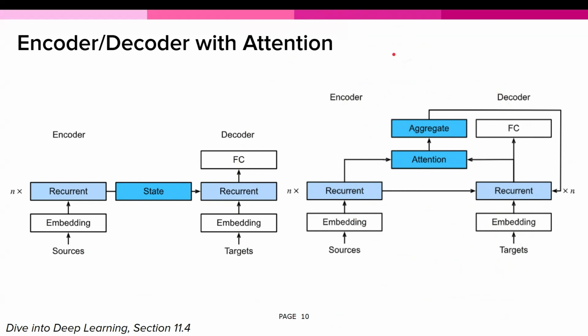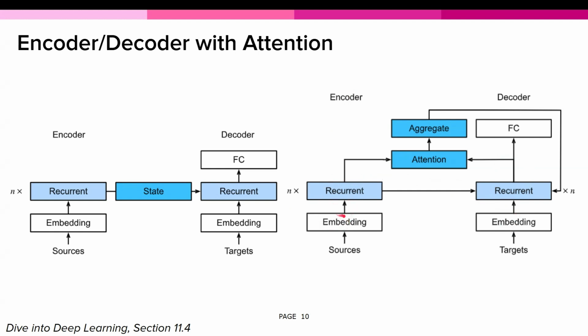So we're going to get into this more over the next few slides, but the key idea is that instead of compressing the input into a single state, the attention mechanism allows the decoder to access each hidden state of the encoder at each time step.